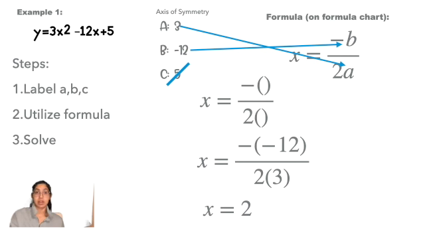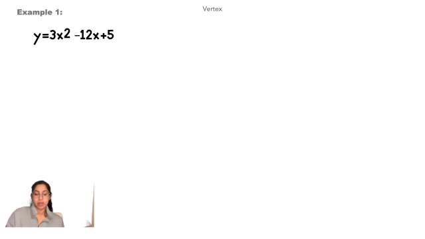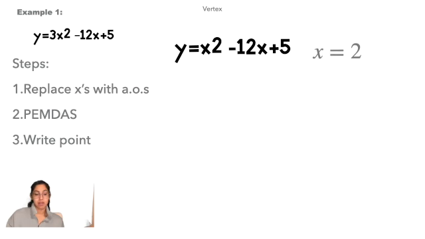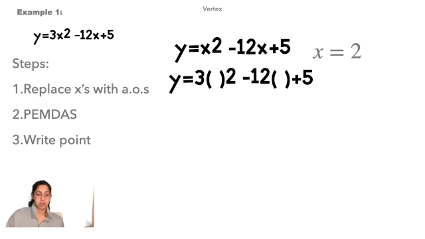Next, we're going to solve for our vertex quickly. Same steps: replace x with the axis of symmetry, PEMDAS, write the point. So 3x squared minus 12x plus 5, where x is 2. Oh, I forgot the 3 on the top, I'm sorry about that, but I didn't forget it on the bottom.